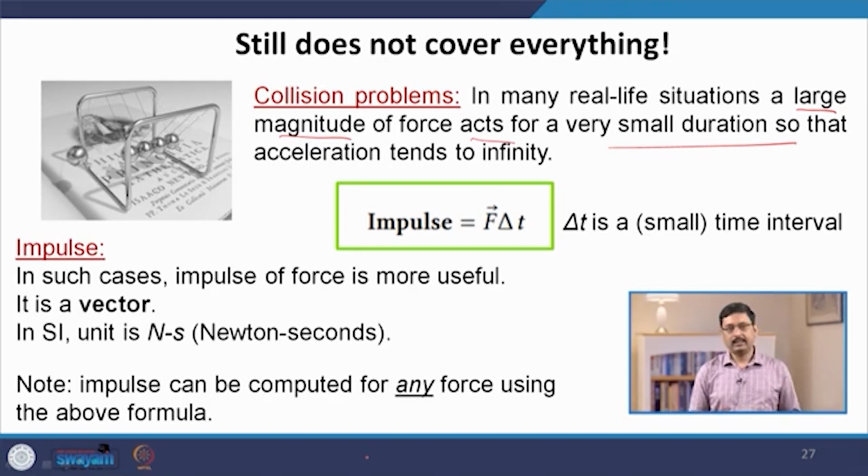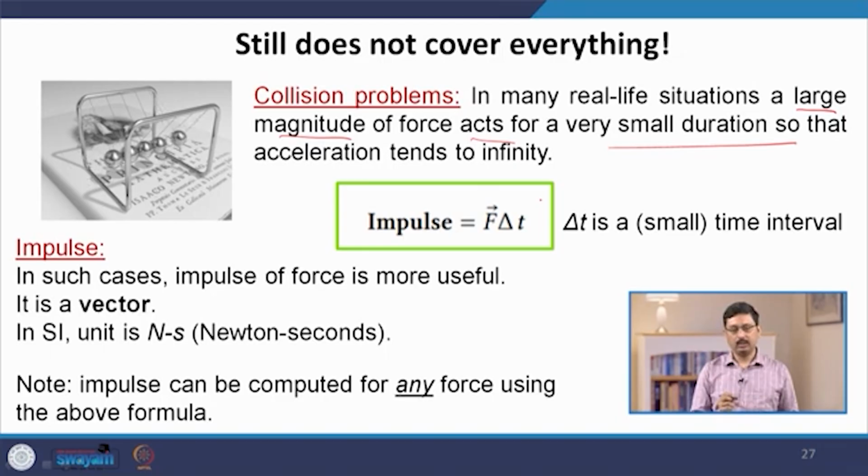Now, in this case force may not be very well defined mathematically, that is the issue, because the duration for which the force is acting during the collision is very small, the time window is very small.